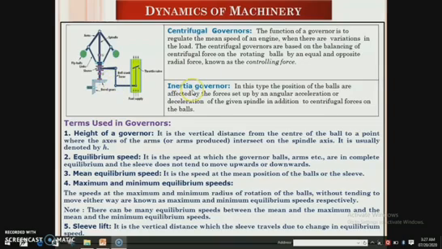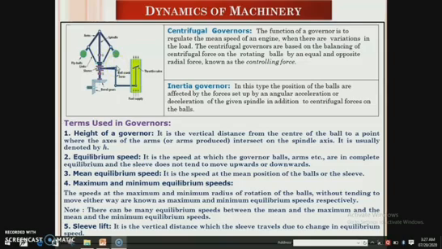Then, inertia governor. In this type, the position of the balls is affected by the forces set up by an angular acceleration or deceleration of the governor spindle in addition to centrifugal forces on the balls. Using suitable linkages and springs, the change in the position of the balls is made to open or close the throttle valve.